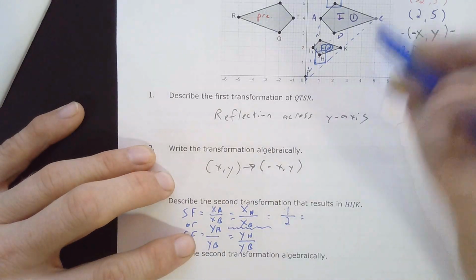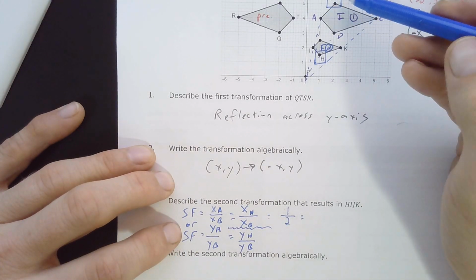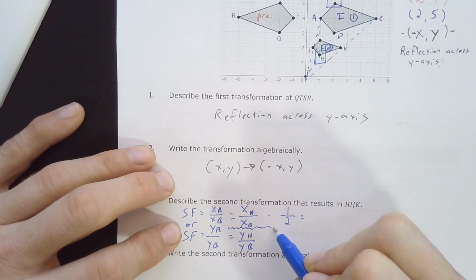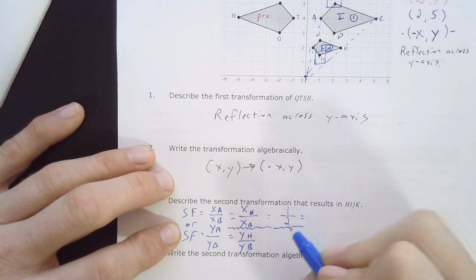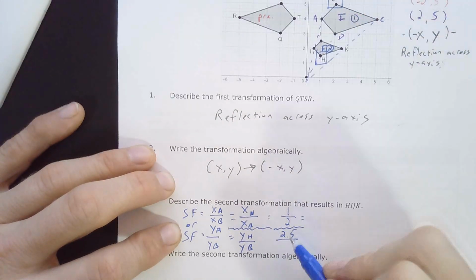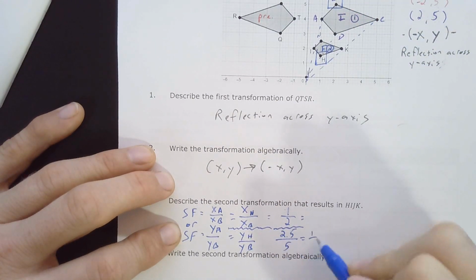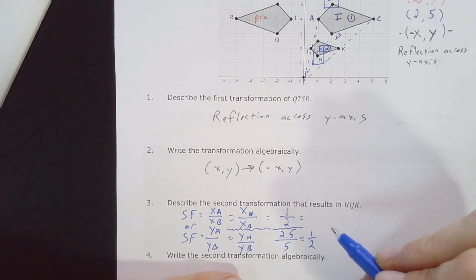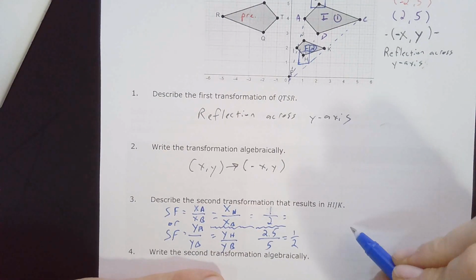Okay, my y value before is 5 and after is 2.5. 2.5 divided by 5 equals 1/2. So they're both 1/2, my scale factor is 1/2.